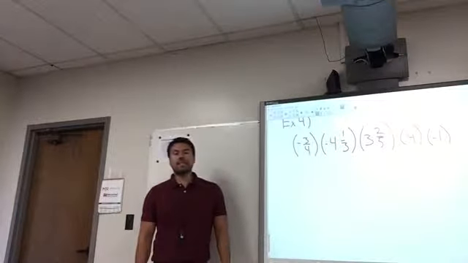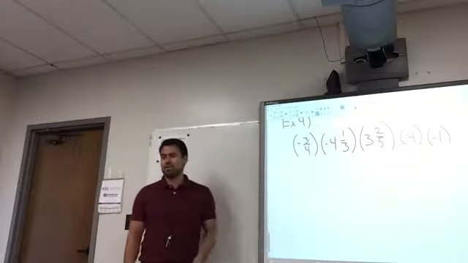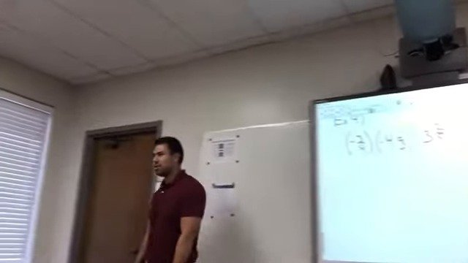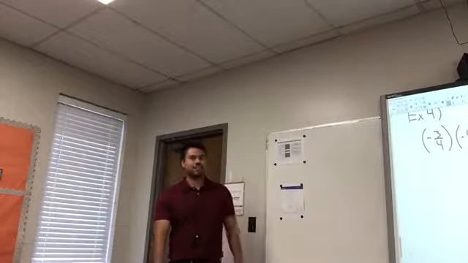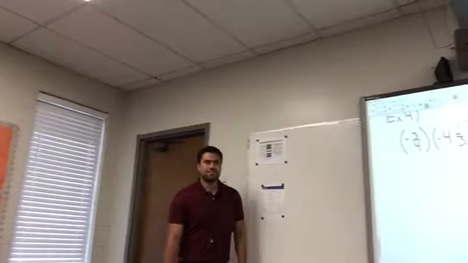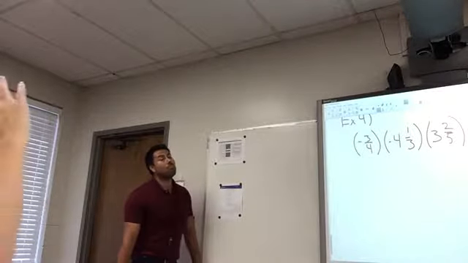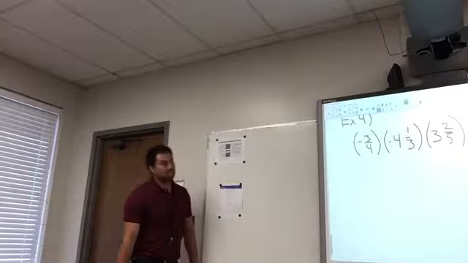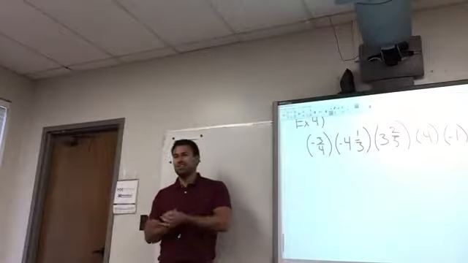Okay, somebody tell me if it's going to be positive or negative and how you know it. Don't say it's in the book. Lily, why negative? Because you're multiplying more negatives. Or there's more negative in the equation. So more negative numbers than positive? Possible.